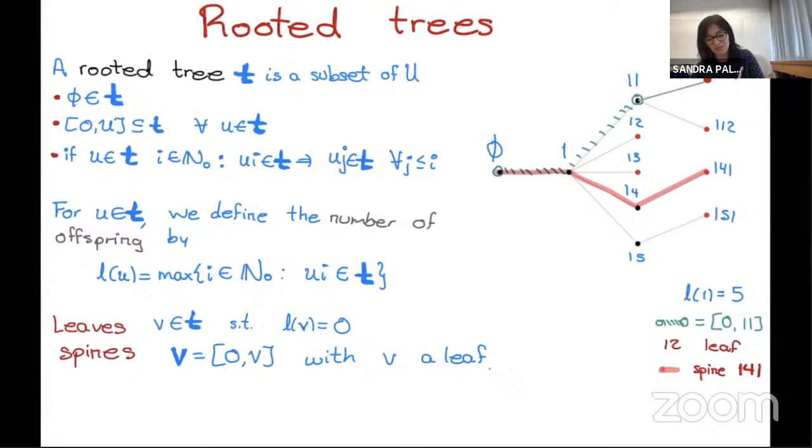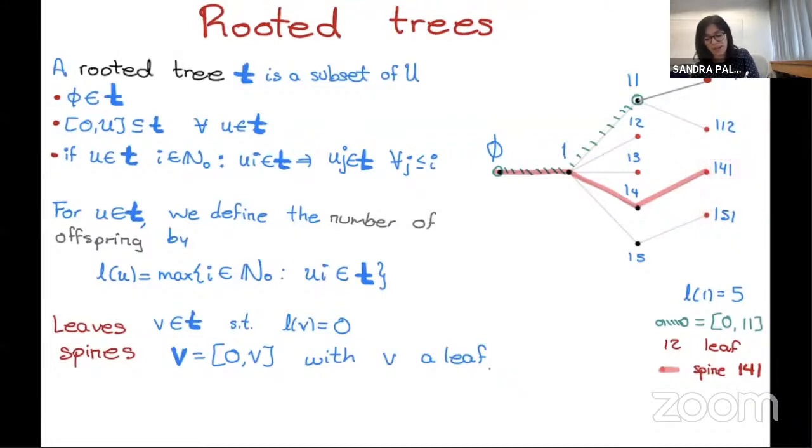So in a picture, something like this, we have that tree. We start with the root, which has one child, the 1. Then the individual 1 has 5 children: 1 1, 1 2, 1 3, 1 4, and 1 5. Individual 1 1 has 2 children, 1 1 1 and 1 1 2. Individuals 1 2 and 1 3 don't have children. And individuals 1 4 and 1 5 have 1 child each of them, so 1 4 1 and 1 5 1.